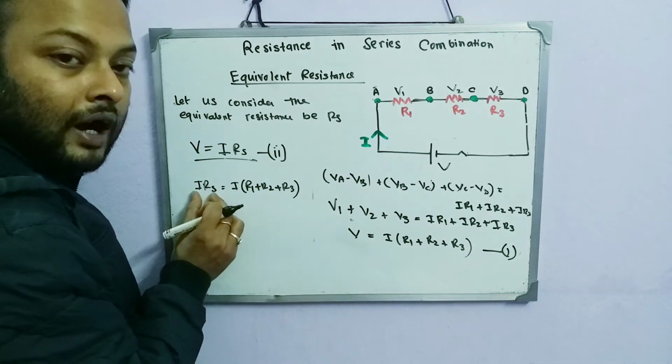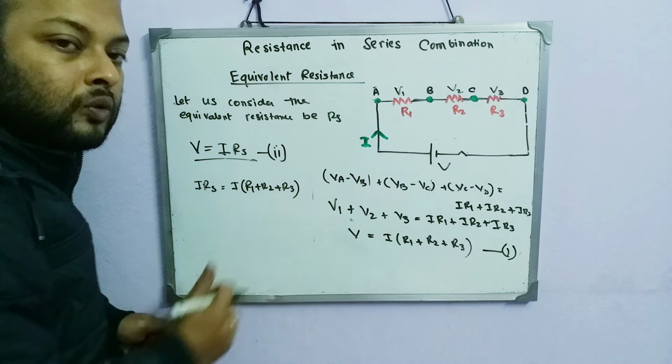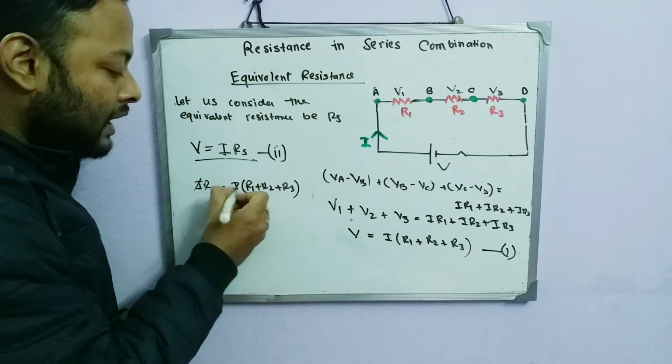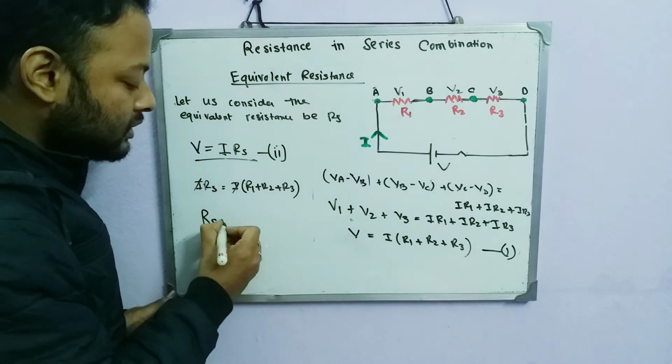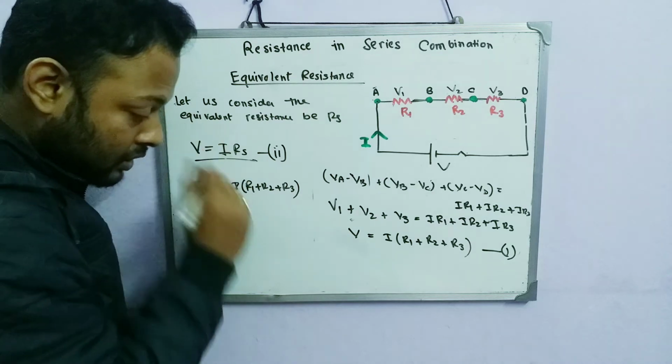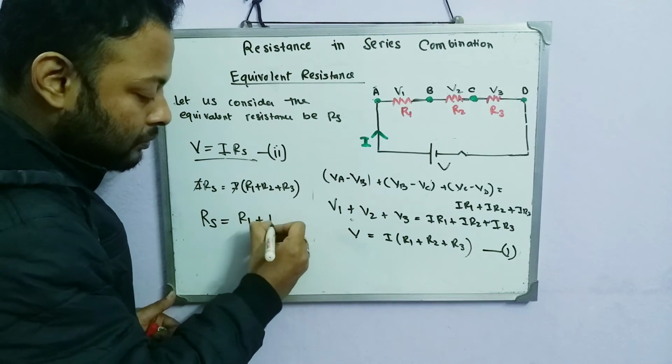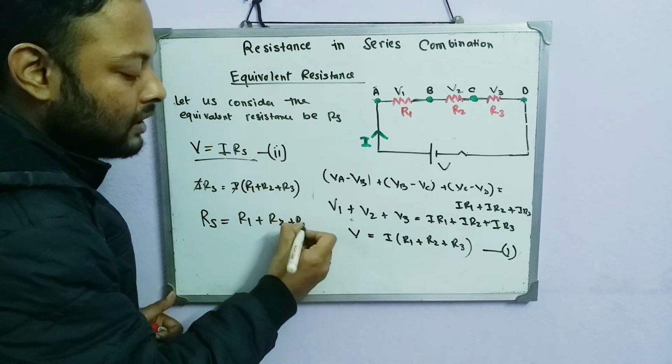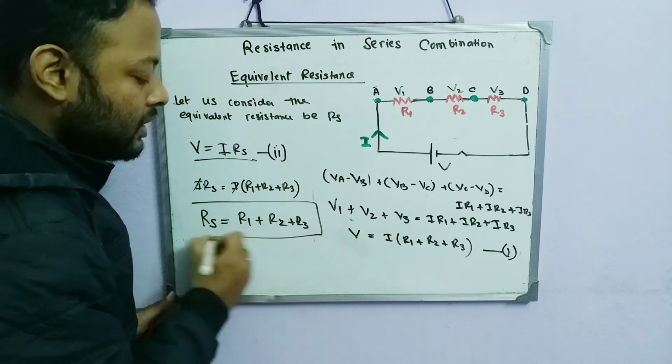I Rs is equal to I into R1 plus R2 plus R3. Now cancel the I and I. So ultimately you are getting the resistance in series Rs equal to R1 plus R2 plus R3. So this is my final equation.